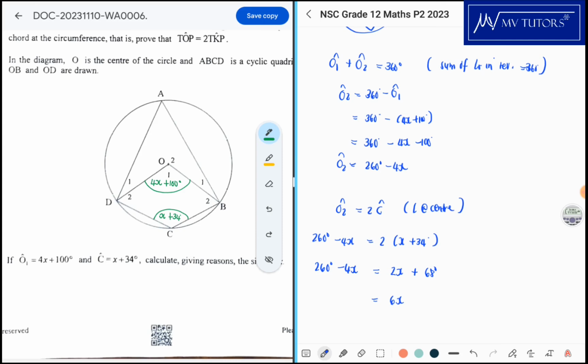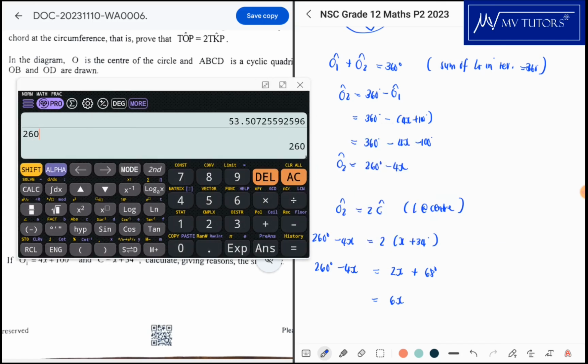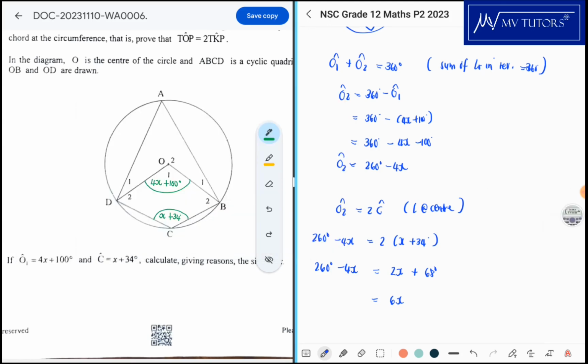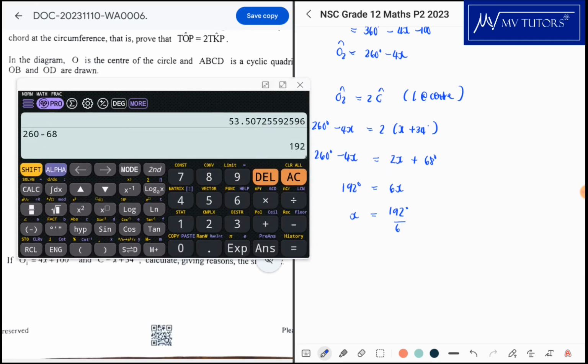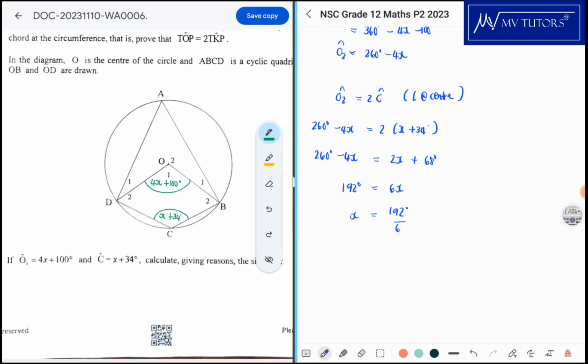And if I take 68 to the other side, 260 minus 68 is 192. So x is 192 divided by 6, which is 32 degrees. That is the value for x, and that is for 5 marks. I think it was a reasonable question.